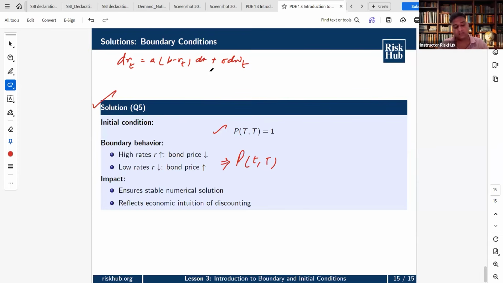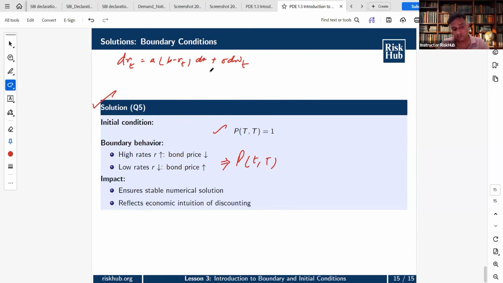Neumann condition: the partial derivative of V with respect to x equals h(t), which fixes sensitivity. Then for a call at high price, delta tends to 1; the call behaves like the stock, deep in the money. American inequality: V(S,t) is greater than or equal to intrinsic value, which is the early exercise floor. Then the bond maturity condition P(T,T) = 1: the bond pays par at maturity, right?